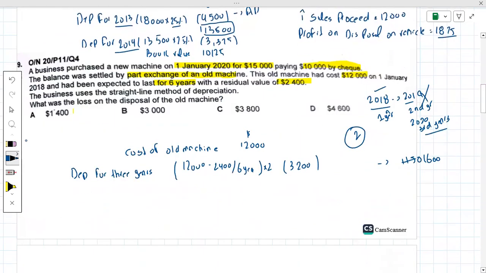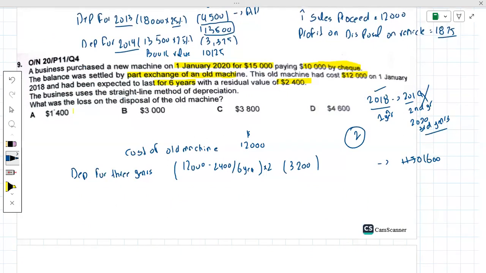Okay. So in the next question, a business purchased a new machine on 1st January 2020 for $15,000, paying $10,000 by check. The balance was settled by a part exchange of an old machine, and this old machine had cost $12,000 on 1st January 2018 and had been expected to last for 6 years with a residual value of $2,400.